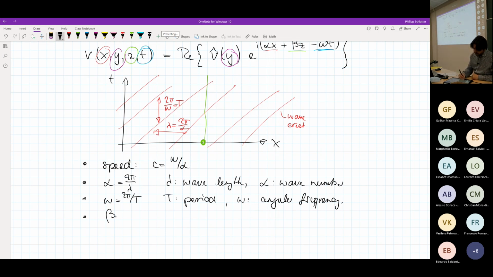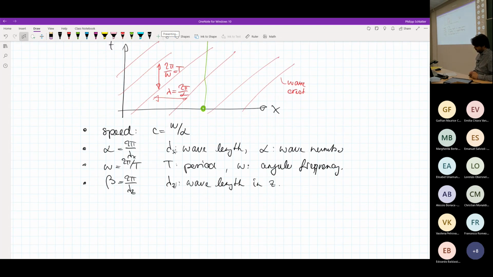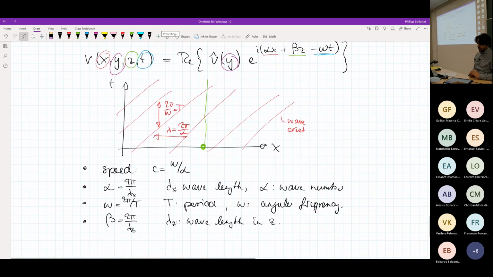And of course, beta would be 2 pi over lambda z, and lambda z would again be the wavelength, but in this case in z. Okay, so this is now the wave ansatz that I can use to transform my disturbance equations for v into an equation for v hat with all these Fourier coefficients.